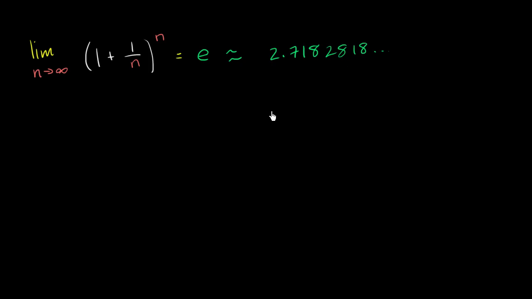So it's an infinite string of digits, never repeating, just like pi. Pi, you remember, is the ratio of the circumference to the diameter of a circle. e is another one of these crazy numbers that shows up in the universe. And in other videos on Khan Academy, we go into depth on why this is so magical and mystical. Already this is kind of cool: if I add 1 over a number to 1 and take it to that number, and make that number larger and larger, it's approaching this number.